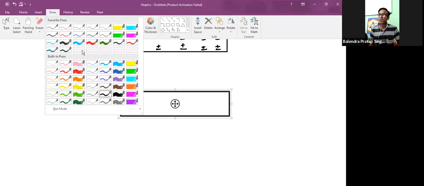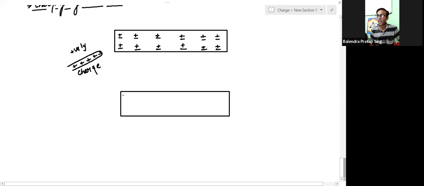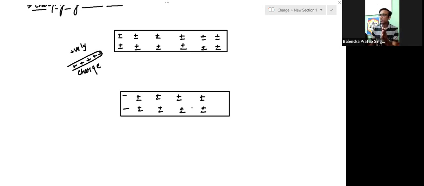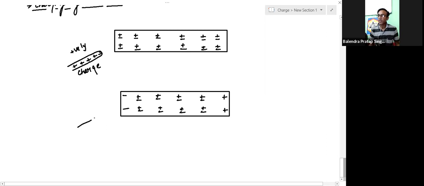Few electrons get attracted to this point, and the same happens at the other end. If two electrons come to one end, then similarly two positive charges will appear at the other end. Why did this happen? Because I brought this positively charged rod very close to one end.